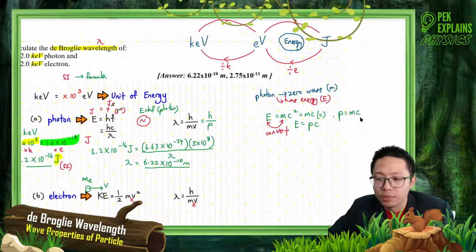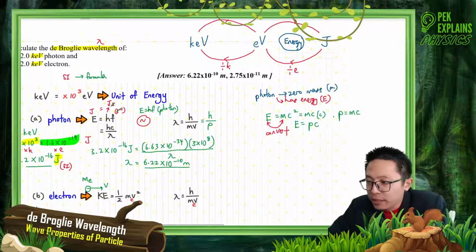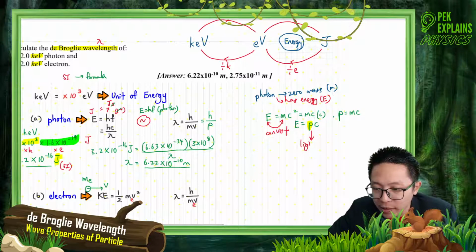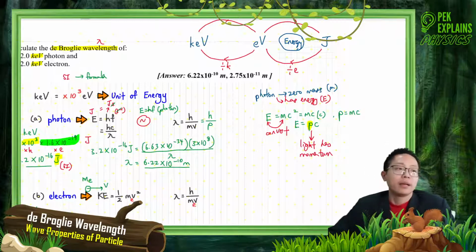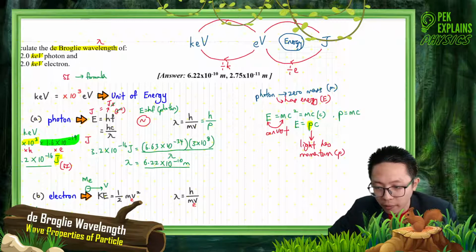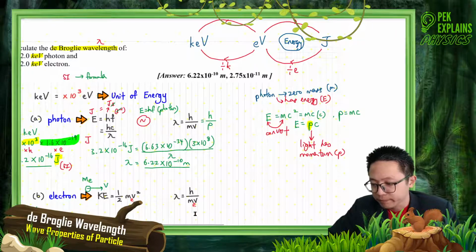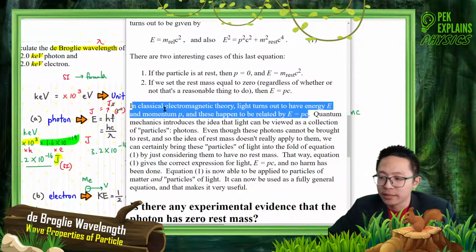Energy equal to pc. So you can see the p here shows that the light has momentum. The light has momentum p. You see? So that is what it means by this. You see, E equal to pc.